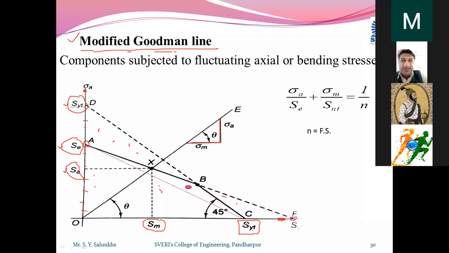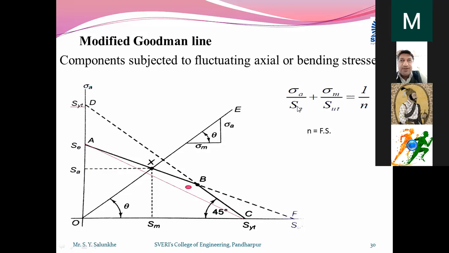But inside this polygon, if you keep the fluctuating stress value or completely reversible stress value, then it will survive for an infinite number of cycles. Getting me? So this diagram can be used when we design any component for infinite number of cycles.